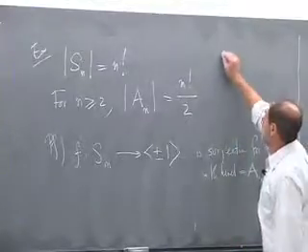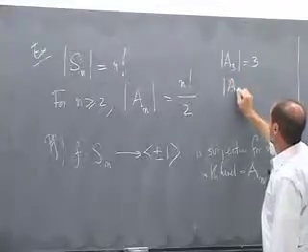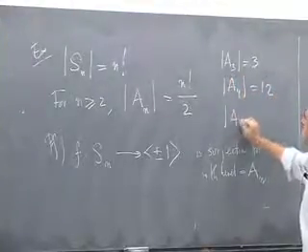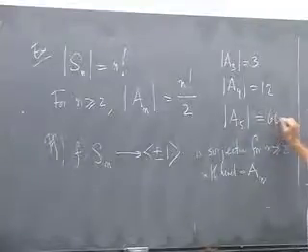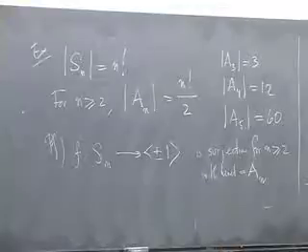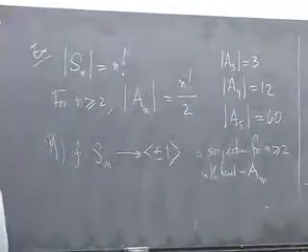OK, so the order of A3 is 3. The order of A4 is 12. The order of A5 is 60, etc. We're going to study those groups a little bit more later. OK, now we're going to back up a second.